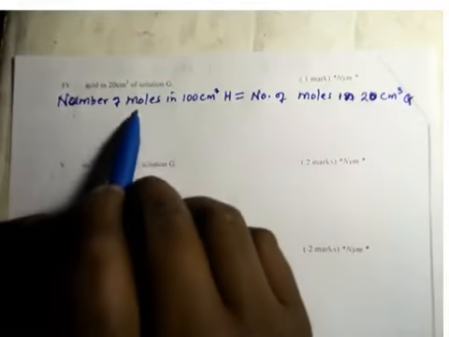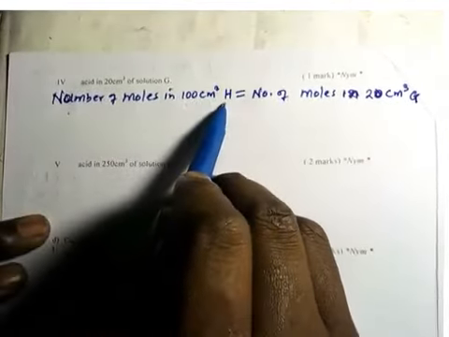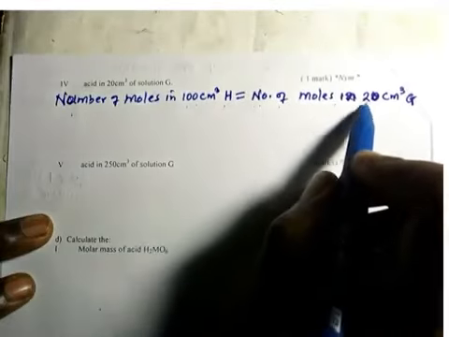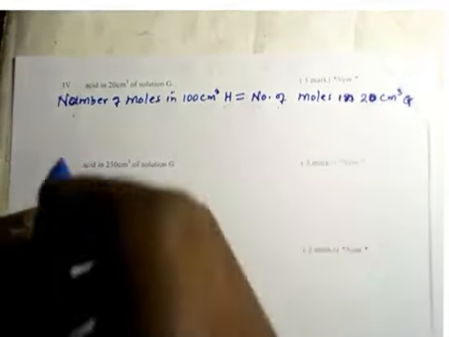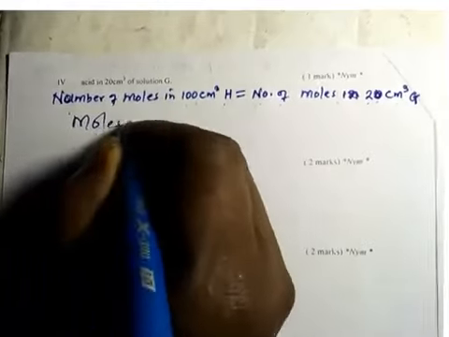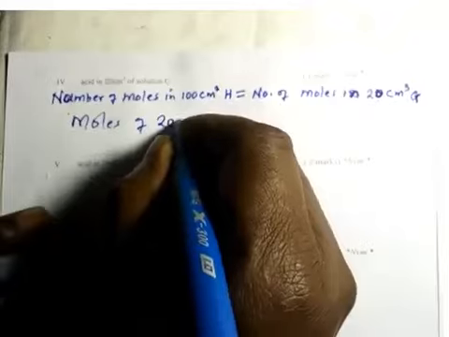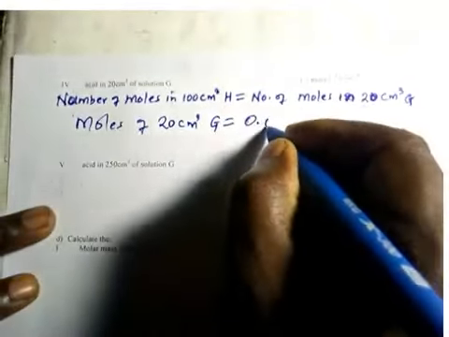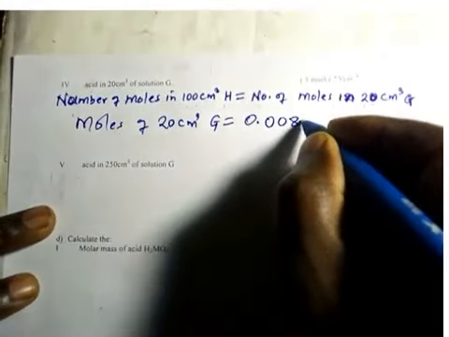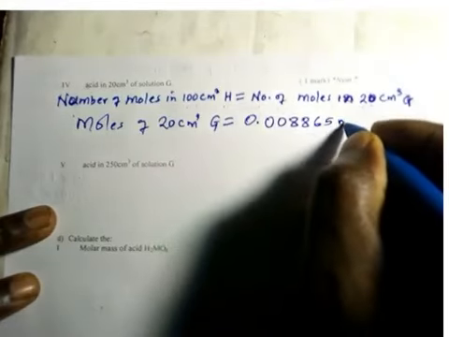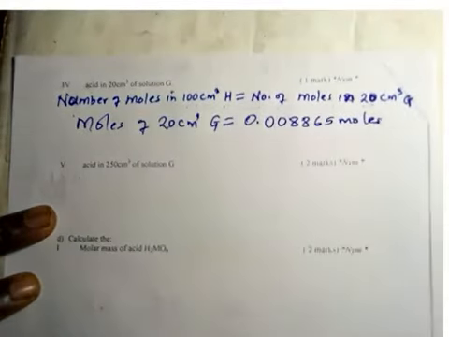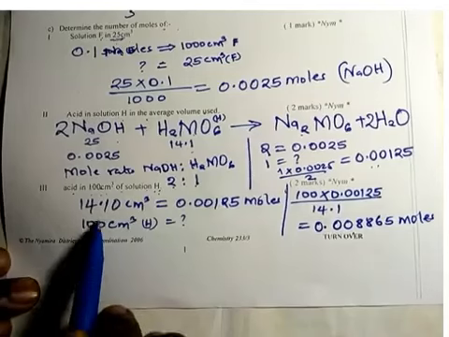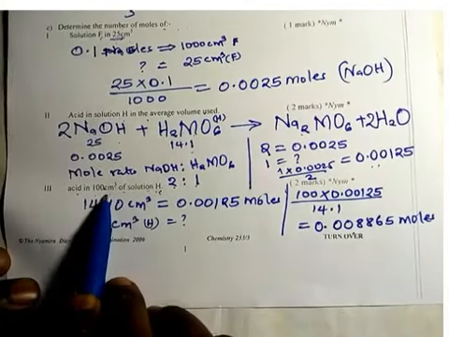So moles of 25 centimeters cube G will be equal to 0.008865 moles. This one here, because this is the number of moles of H in 100.